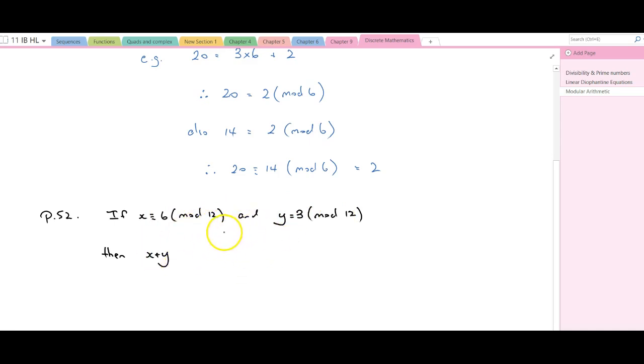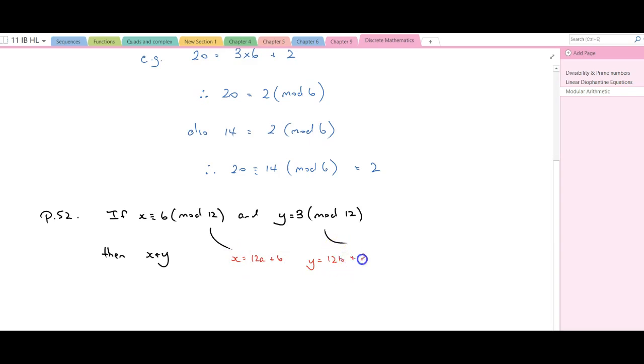Well, we could have a look at each of these in terms of what they are equal to as an equation. So x is equal to some multiple of 12 plus 6, and y is equal to some multiple of 12, and rather than use k, I'm going to use a and b here, just for consistency later in the exercise. So x is 12a plus 6, and y is 12b plus 3, where b is some other integer.